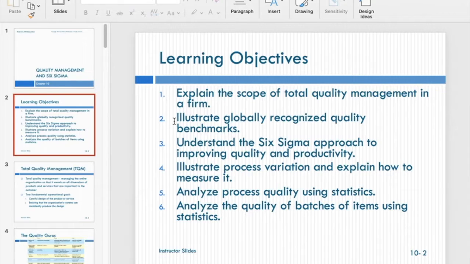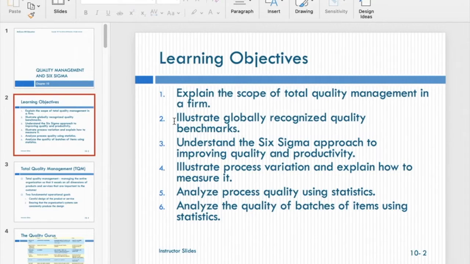And the fourth and the fifth one, even the sixth one. These three learning objectives are to use the Six Sigma approach to quantitatively reduce the variation during the production process.